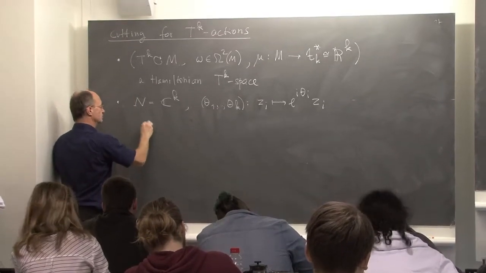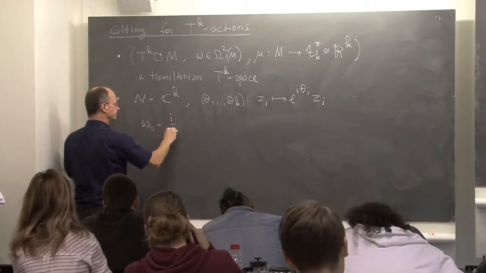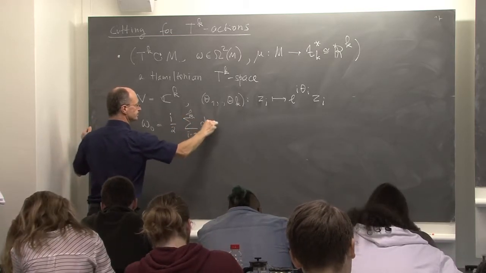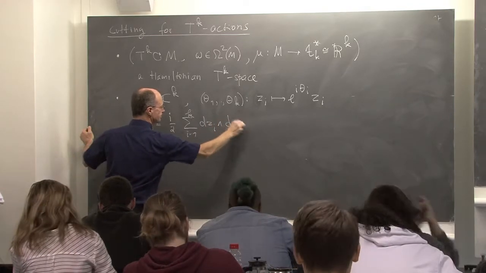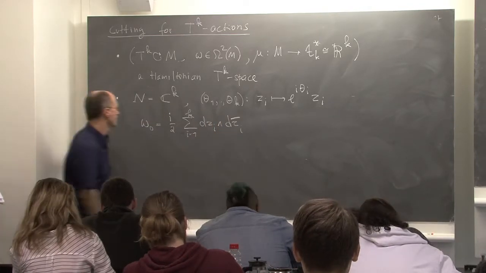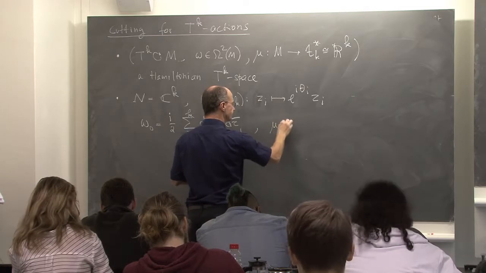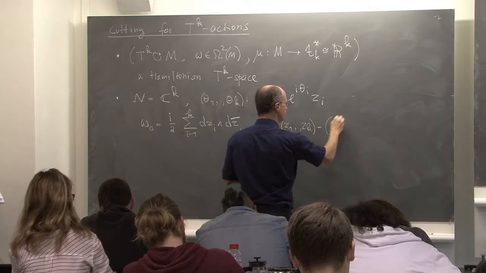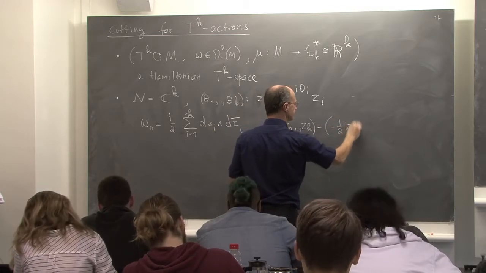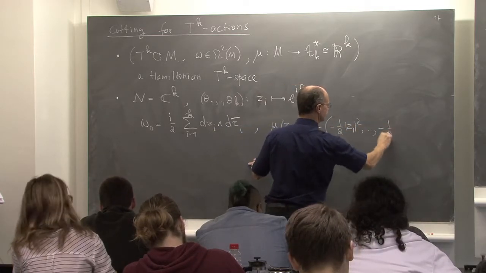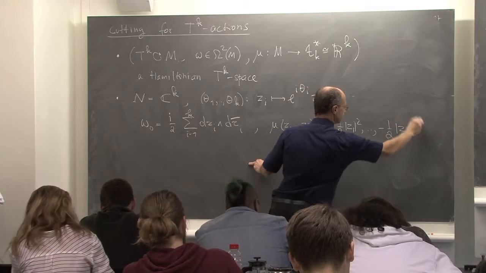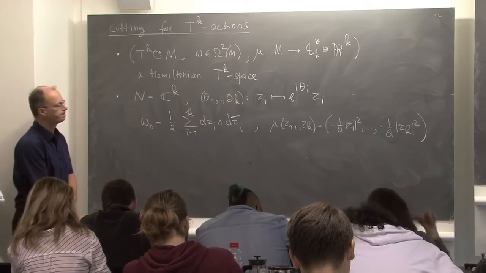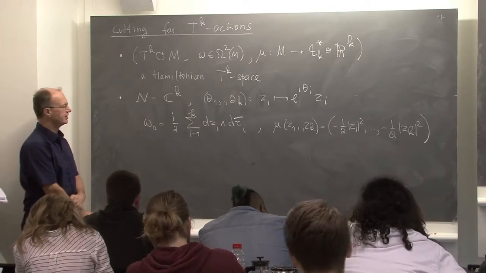So we take the standard 2 form. And we choose our moment map just to be in components the same -1/2 z squared that we had before.